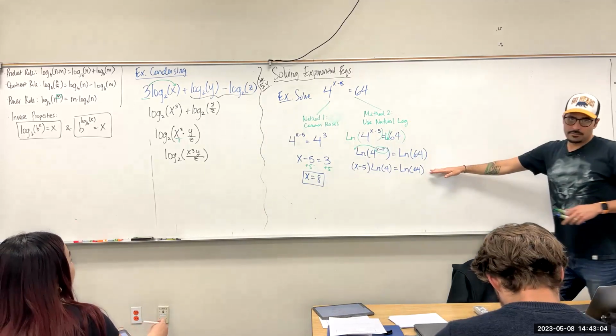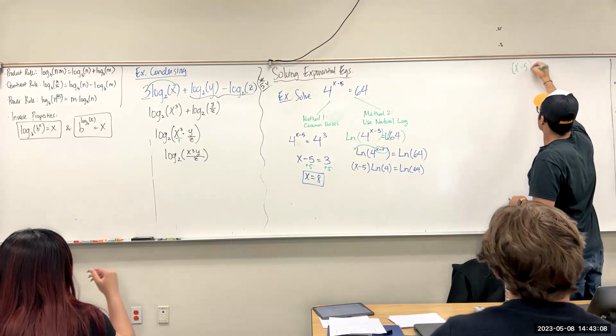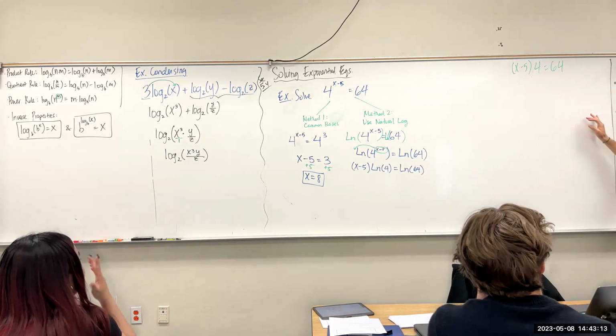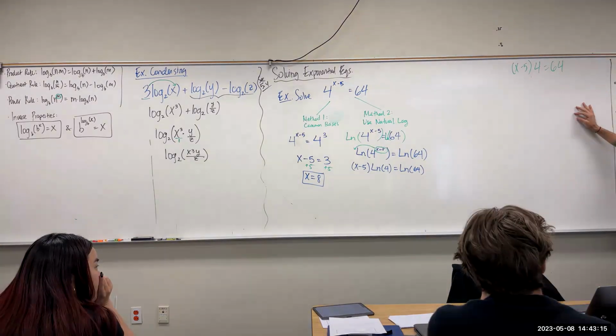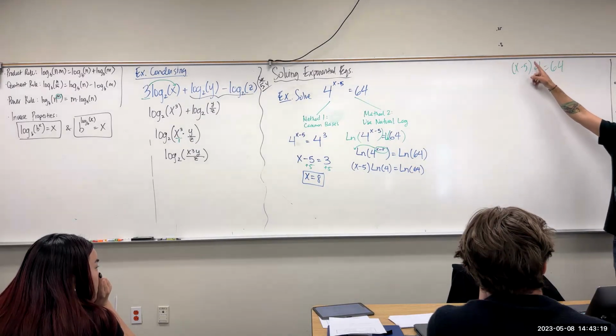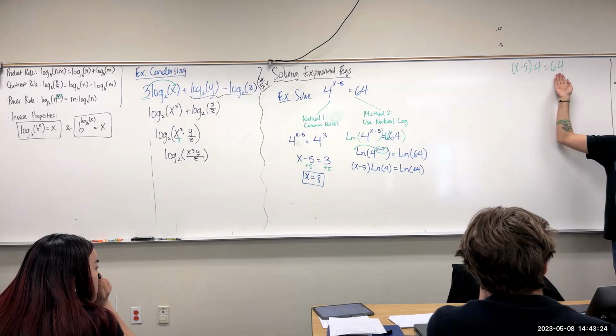Put this on pause, okay? I'm going to give you another little analogy. Let's say you had this problem here. What would you do to solve for x? You could distribute the 4, but you can also divide the 4 off, right?